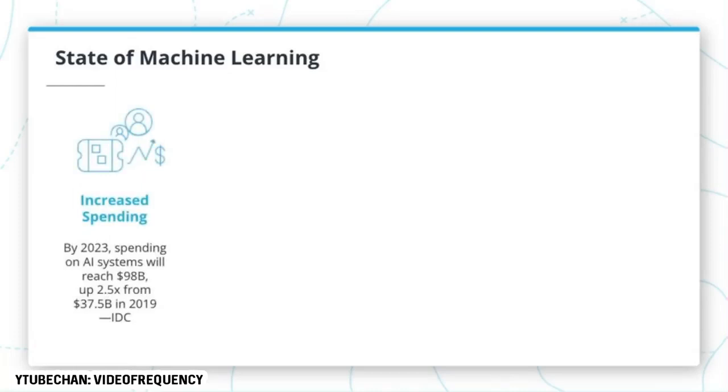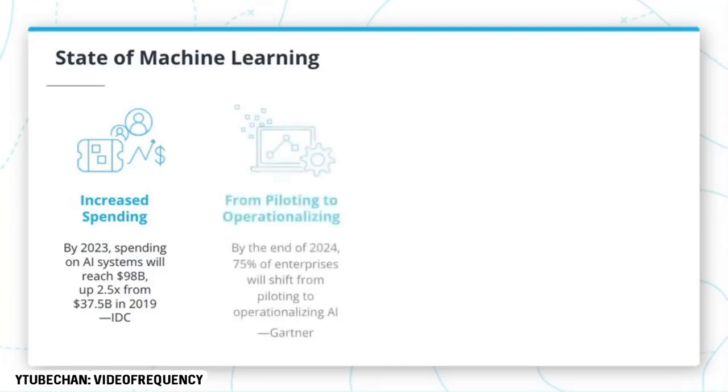ML is critical to building modern businesses. It went from being an aspirational technology to mainstream extremely fast. Businesses are investing more in machine learning. IDC predicts AI spending will reach $98 billion by 2022, 2.5 times more than 2019.